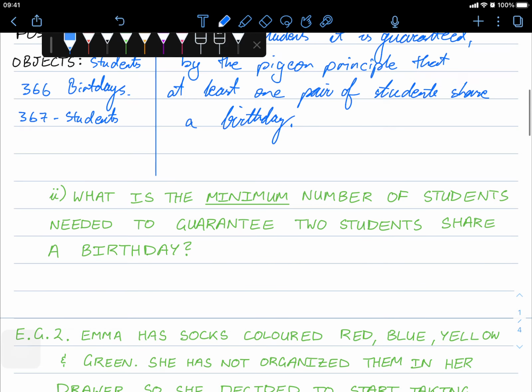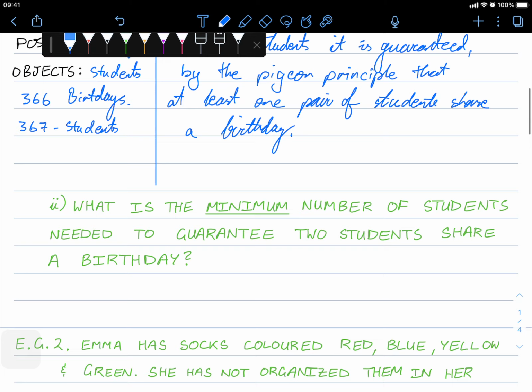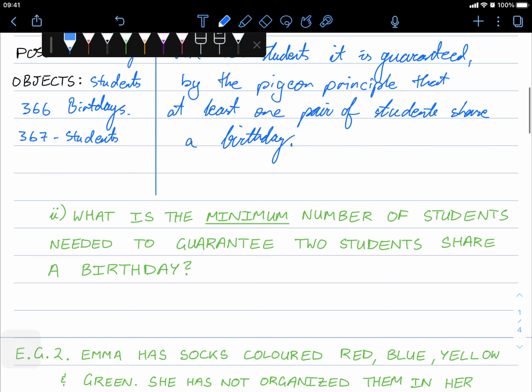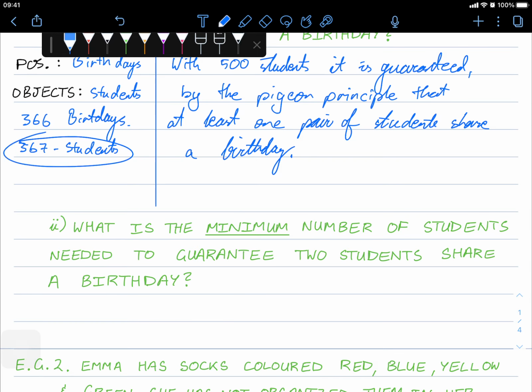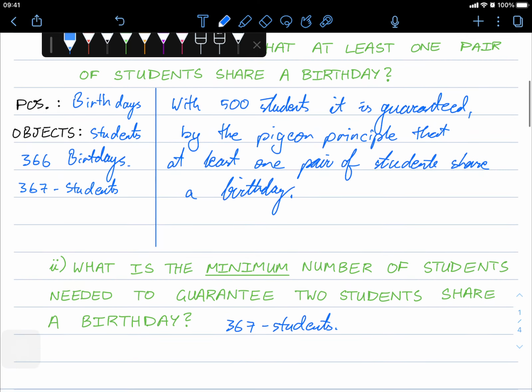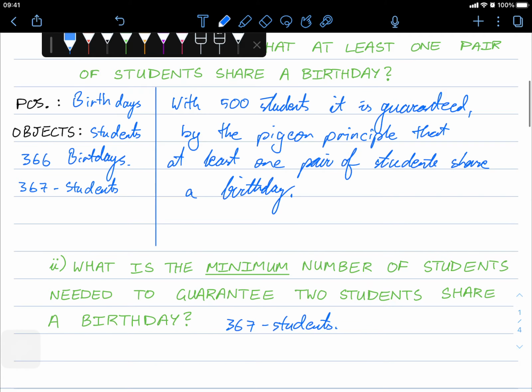What is the minimum number of students needed to guarantee 2 students share a birthday? We've already calculated here. We need 367 students. 367 students guarantees 2 students share a birthday.